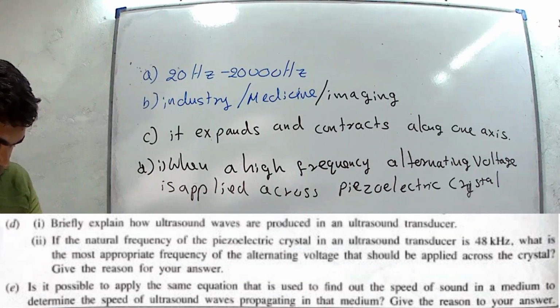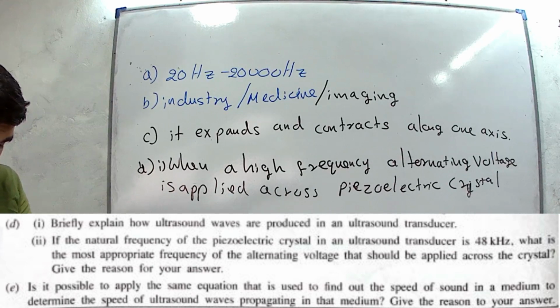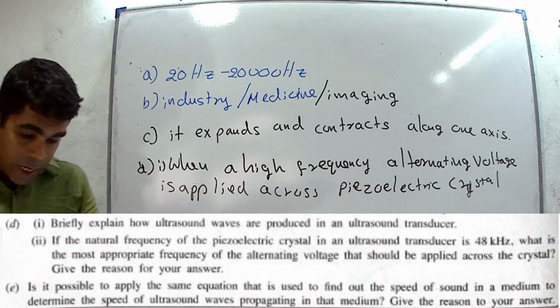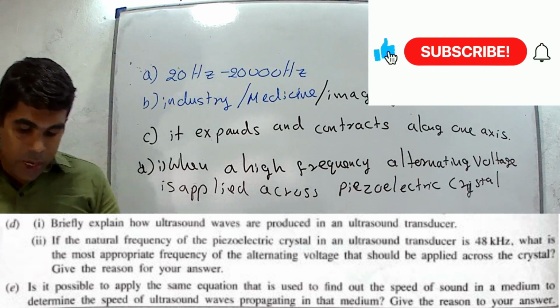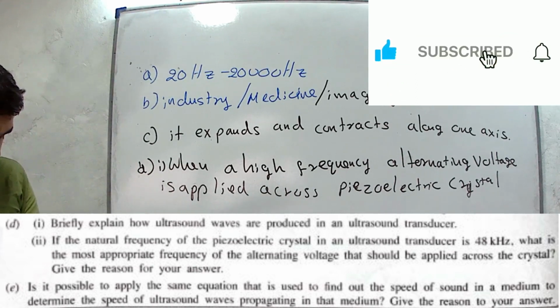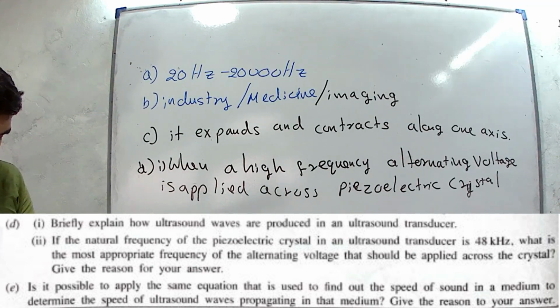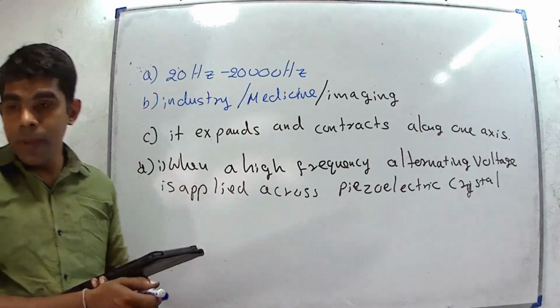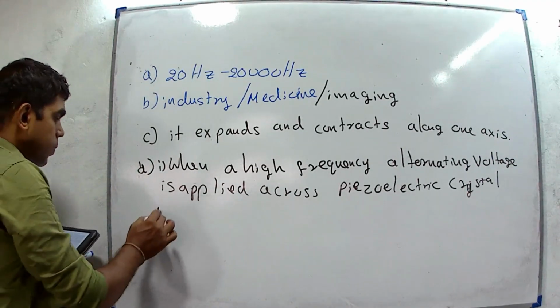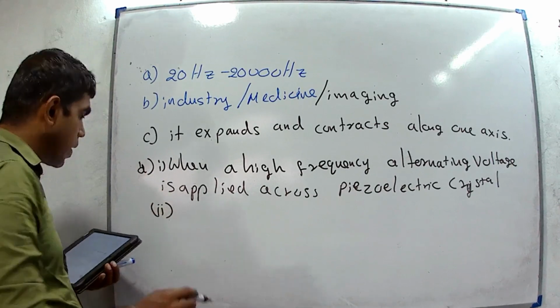Part 2. If the natural frequency of the piezoelectric crystal in an ultrasound transducer is 48 kilohertz, what is the most appropriate frequency of the alternating voltage that should be applied across the crystal? Give the reason for your answer. It should be equal to the natural frequency.